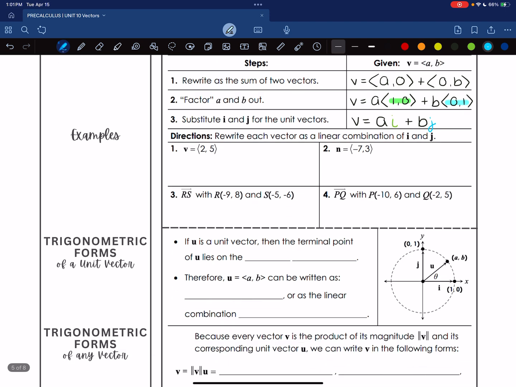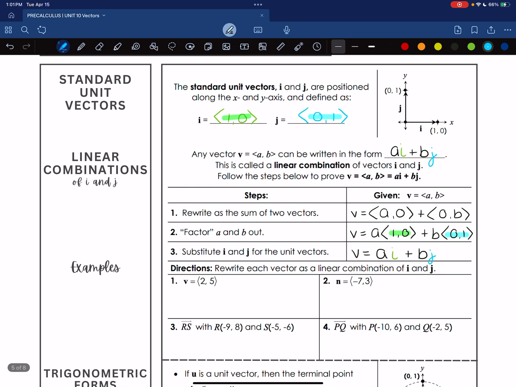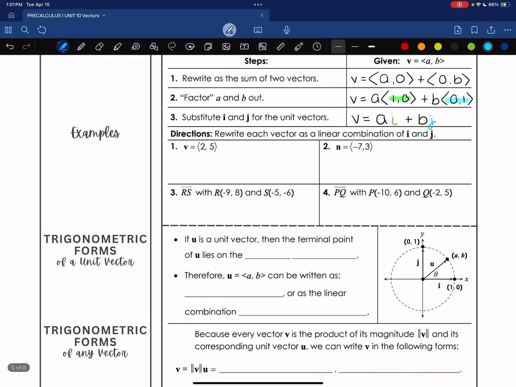So what we're going to do here is rewrite each vector as a linear combination of our standard unit vectors i and j.